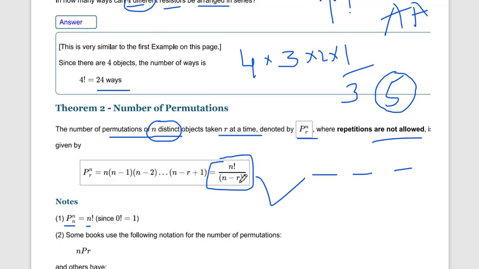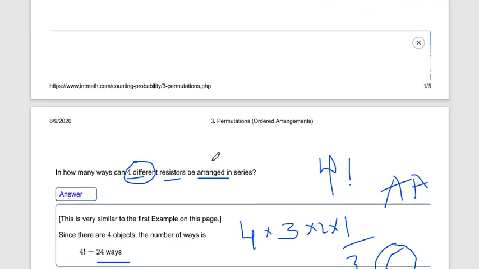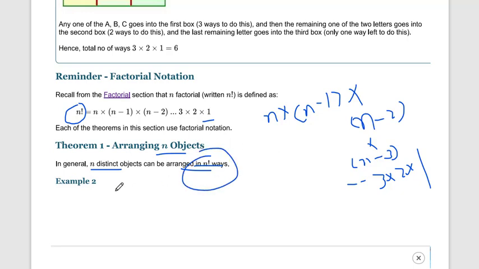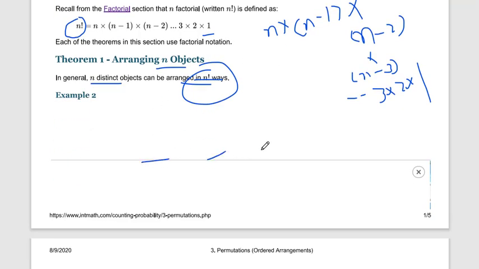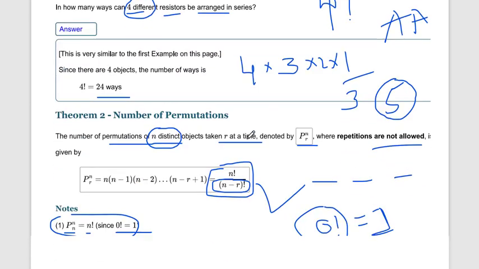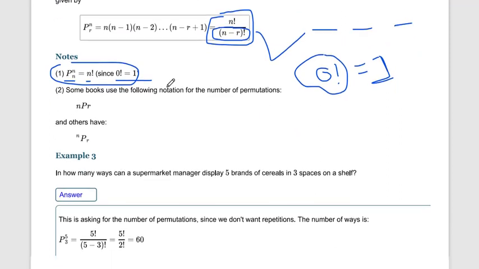It is n factorial. Why? Because here n minus n is 0, and you have to remember 0 factorial is equal to 1. So here we get our first theorem, n factorial. There are n different objects, and there are also n spaces available for the arrangement.